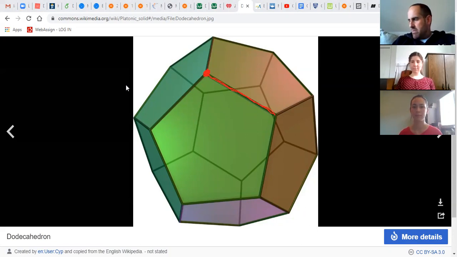So how many vertex destinations are there? 20. And then how many edge destinations around that vertex destination? 3. So it's going to be 20 times 3 possible symmetries at most.